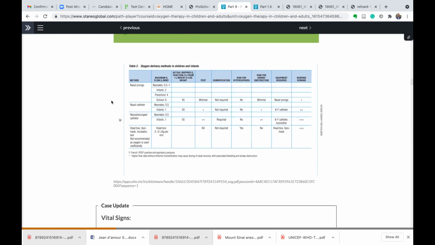Remember, if you give more than 5 liters, it's not very comfortable for the patient, and there's also irritation and decreased humidification, which leads to thick secretions and possibly upper airway obstruction. So the good rate should be between 1 liter and 5. Sometimes we go up to 6, but in my usual practice, I go from 1 to 4. If they need more, I will change and go to a mask.